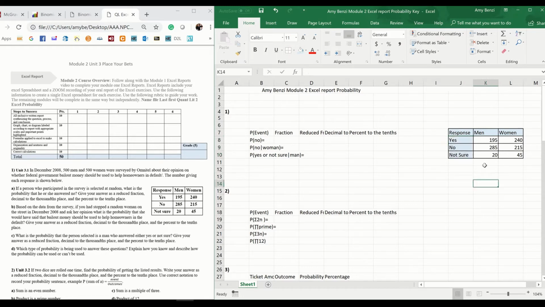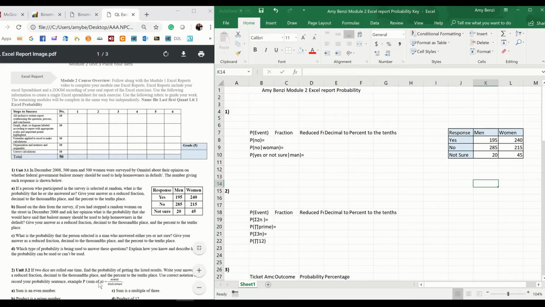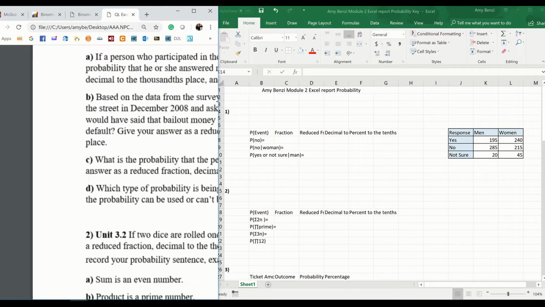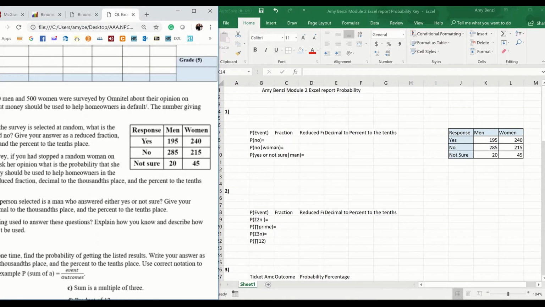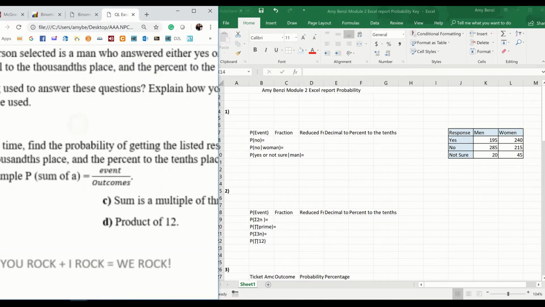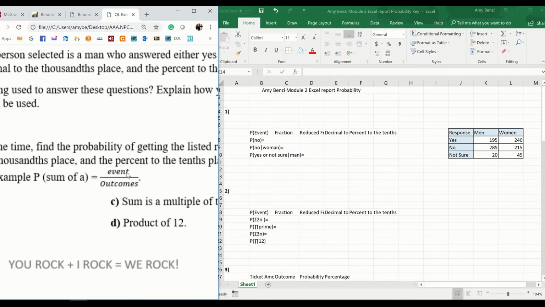All right, now there are a few things that we need to answer these questions. If we're looking for probability, remember that the probability of an event is actually listed right here in number 2. It's a fraction: the event happening over the number of possible outcomes.